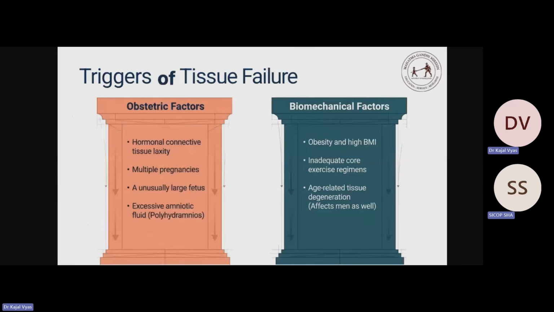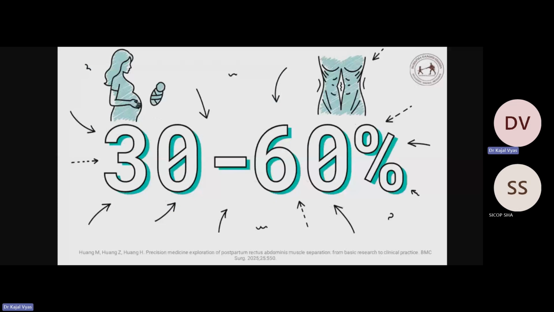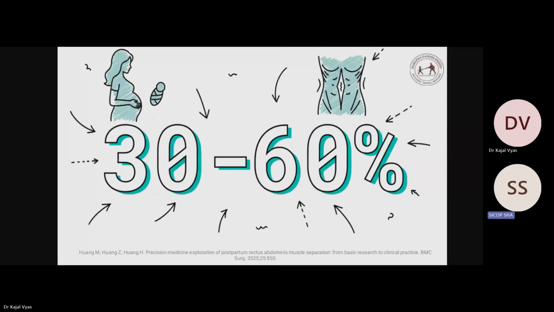Again? I guess there is some network issue. Yes, now I can see the 30 to 60%. It is visible on the screen. Okay, I'll ask you before I change the slide once again. Yes, please.